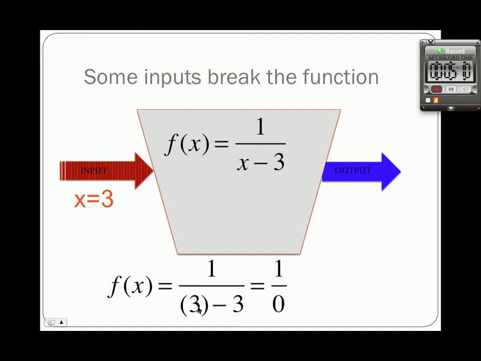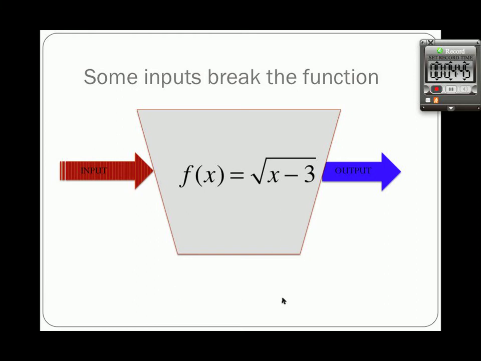Instead of writing x, I input the 3 here, and I have 1/(3 - 3), and that's going to lead to a problem because I have 1/0. There can't be any output here because you can't divide by 0. Division by 0 is undefined. So in this case, an input of 3 will break the function.